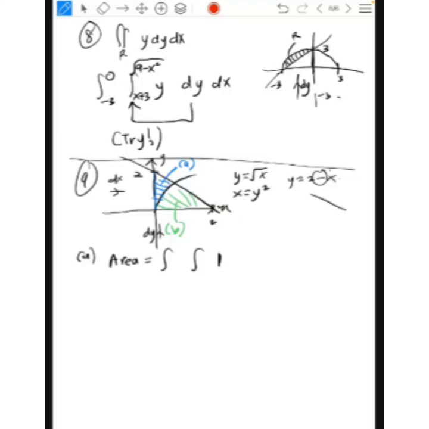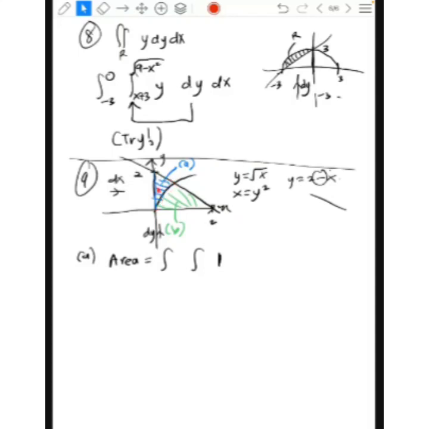If you choose dx first, you will meet the straight line, which is equal to 0. However, slightly below you will get this curve only, and slightly above you will get this curve only.